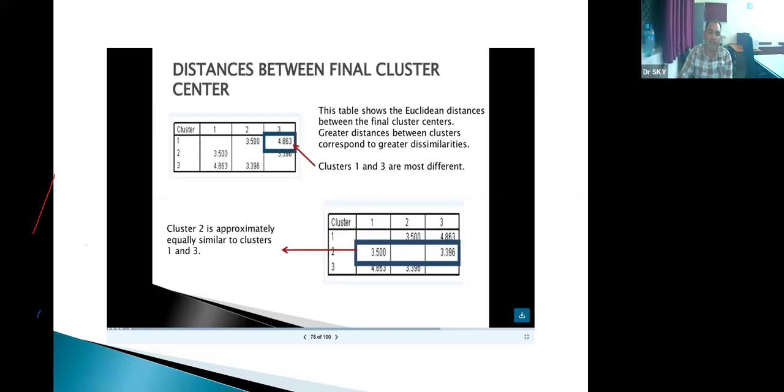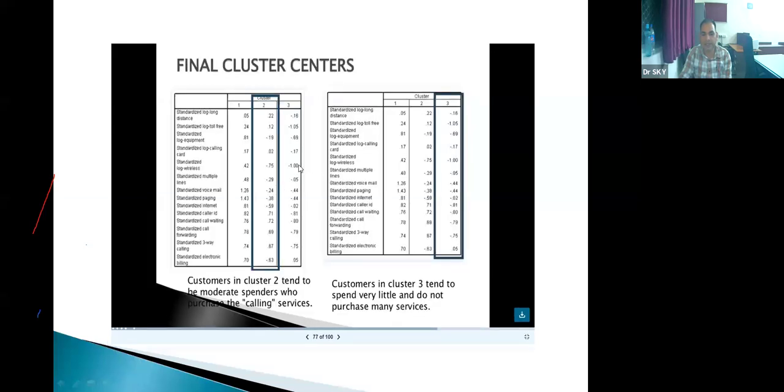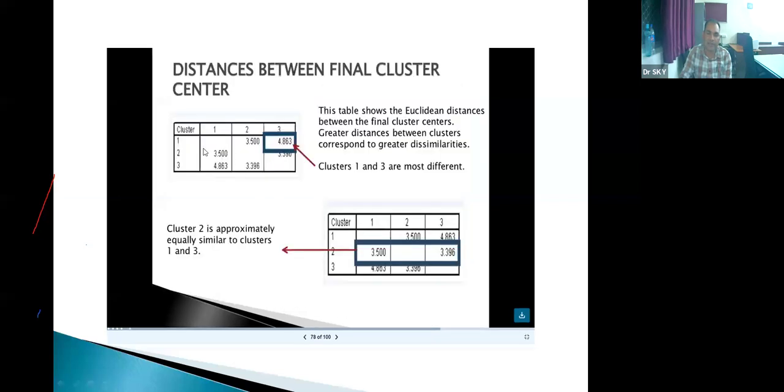So you will have this for cluster 1, cluster 2, cluster 3. Take the centroid average and the distances for every characteristic, then take the square root, and you have these Euclidean distances. That is the distance between the final cluster centers.